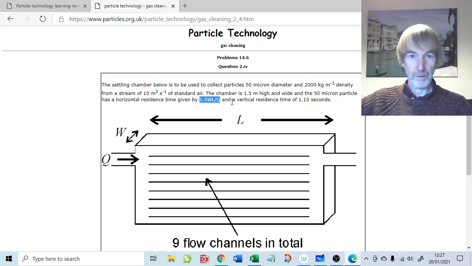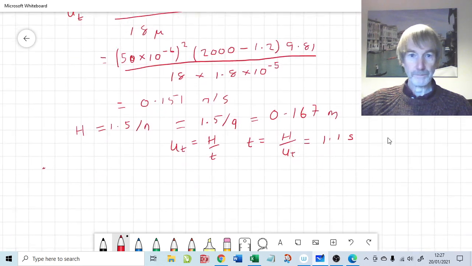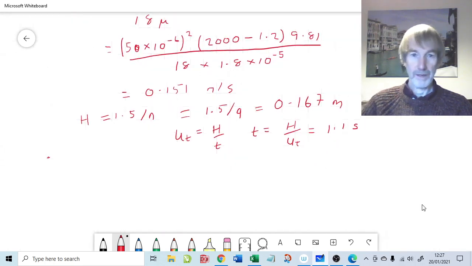So we can put this lot equal to 1.1 seconds. So let's have a go at that. We're not worrying about the number of plates because our equation for residence time, we decided didn't have to worry about that.